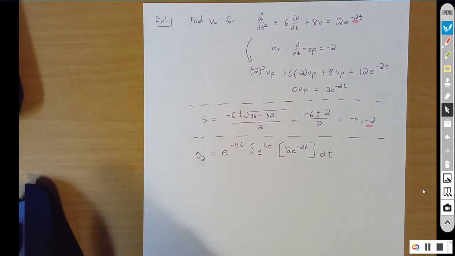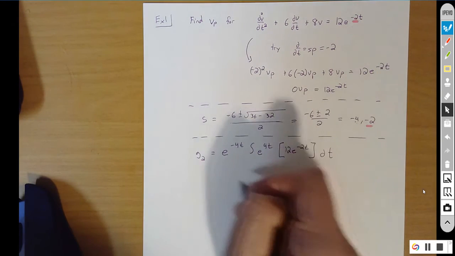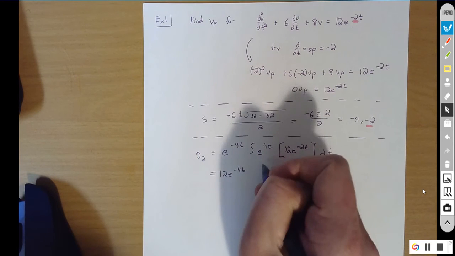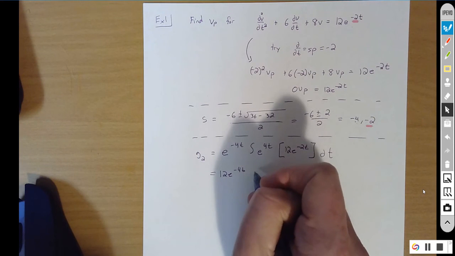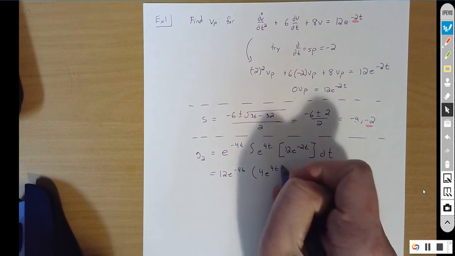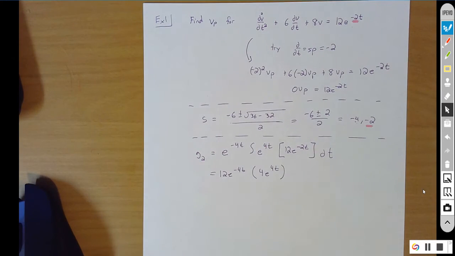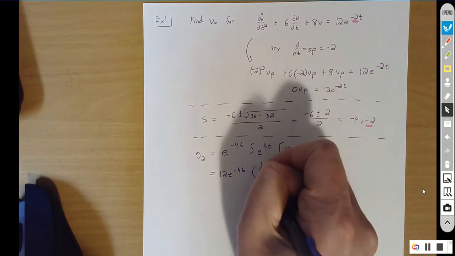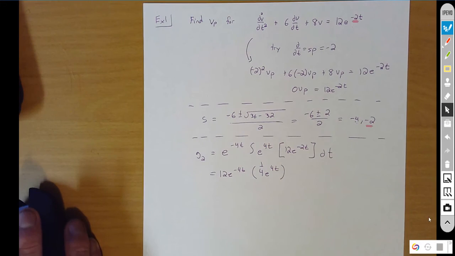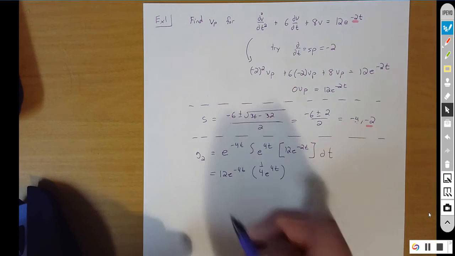So my 12 is going to come out. I'll have 12e to the negative 4t, and then I integrate e to the 4t. When I integrate, I'll get not 4, but 1/4. Let's make sure we do that correctly, which I haven't done here.